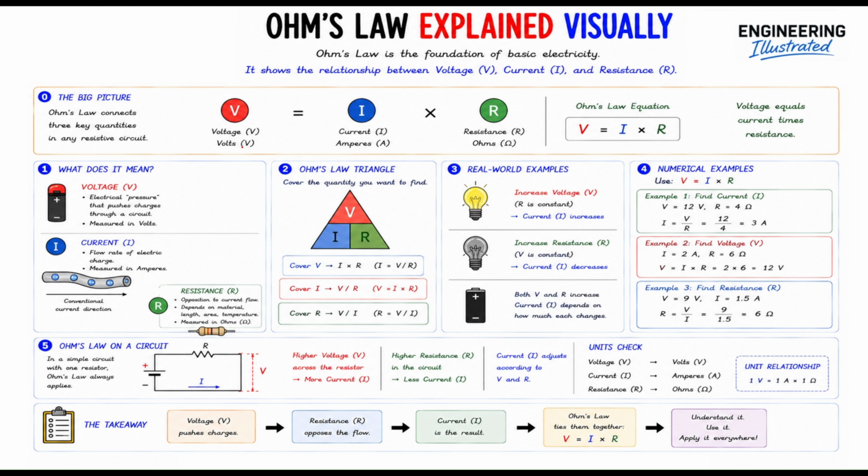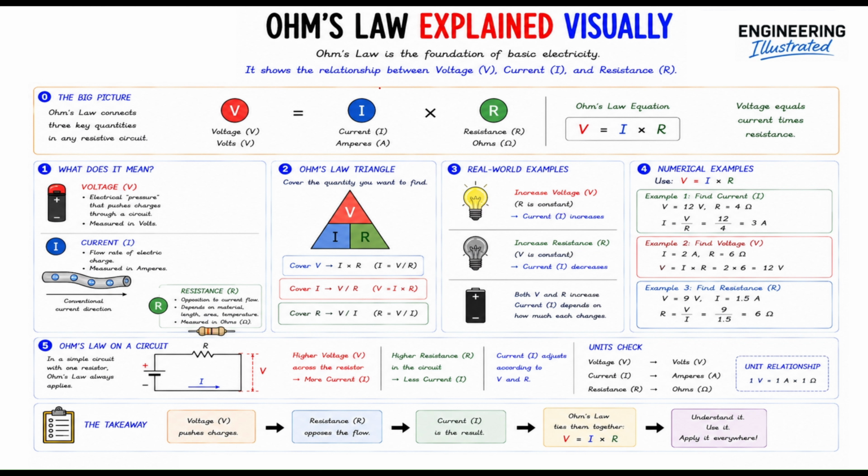So we can think of the voltage as a variable represented as V, and the unit is volts. Then we have the current, I, and the unit is amperes. And then finally, resistance R, and the unit is ohms.